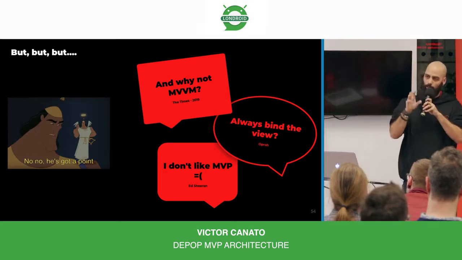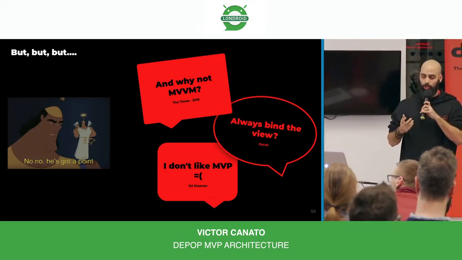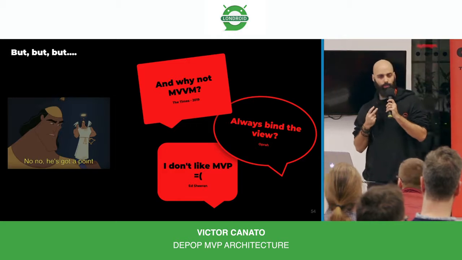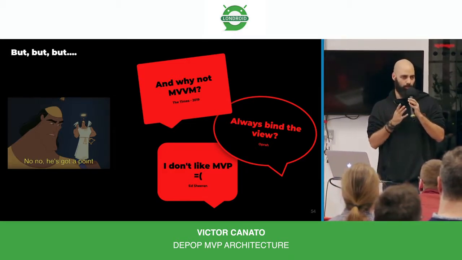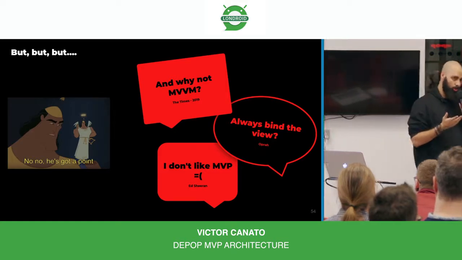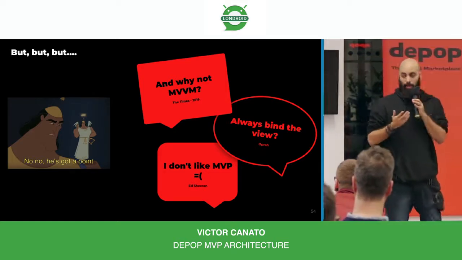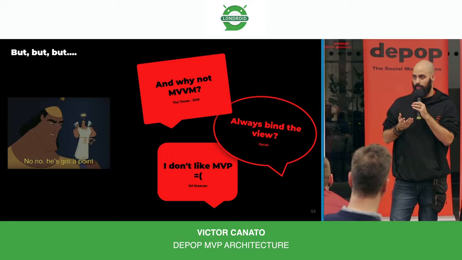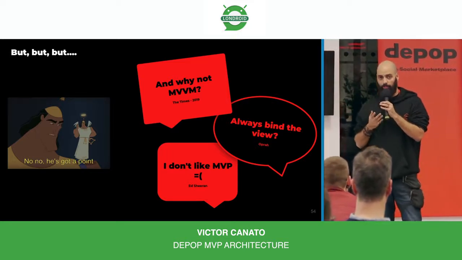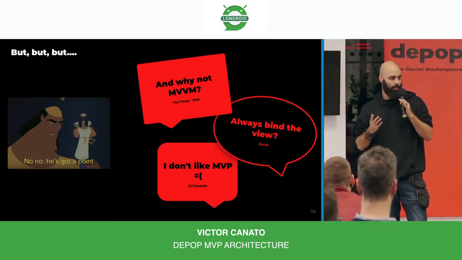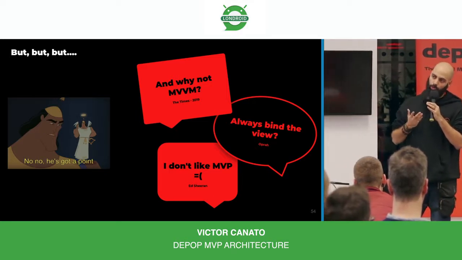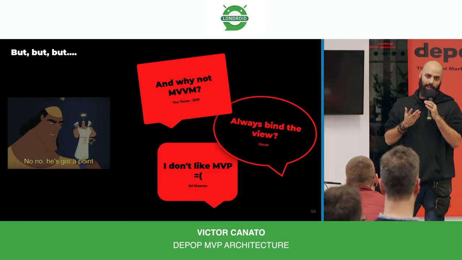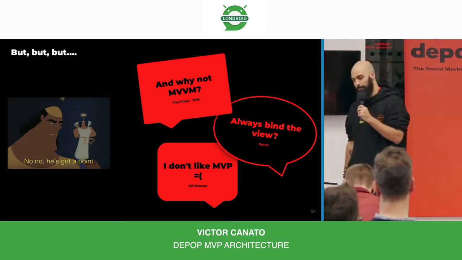Since we are very modularized, we don't feel the need to use MVVM for 2 reasons. Today, the best implementation that we have on MVVM, or at least the most used one, relies on some libraries. For example, LiveData. So if at some point LiveData is not working anymore for any reason, our architecture is compromised. And we try to have an architecture that doesn't depend on any kind of library.